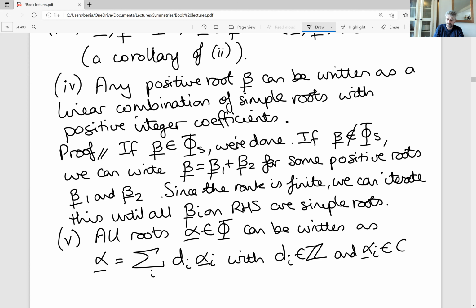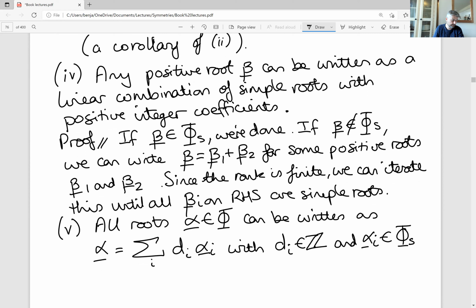So alpha I are simple roots. It's in the simple root set. So what this means, of course, is that the simple roots span our dual space to the Cartan algebra.